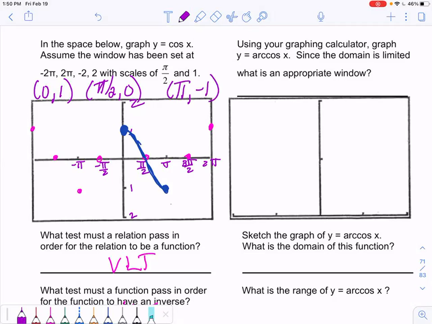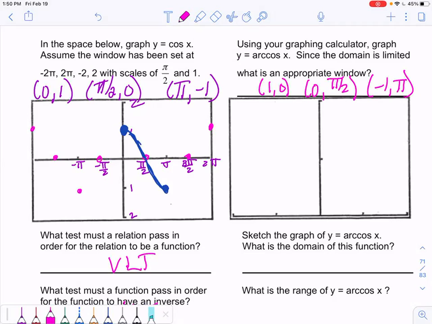Flip-flop those ordered pairs, and those are the ordered pairs for your inverse. So now (1, 0), (0, pi over 2), and (negative 1, pi). So taking the 3 ordered pairs, flipping them to get our inverse's ordered pairs.